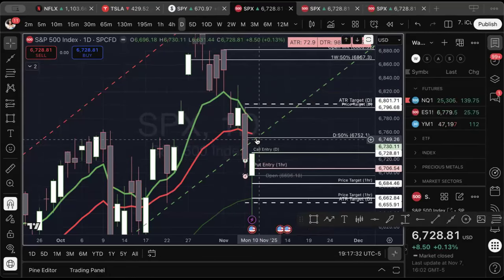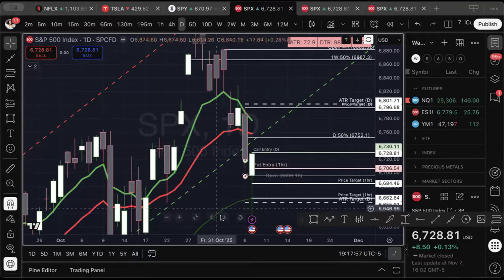Here's the other side of that: it could be a bounce into this fair value gap and then a rejection back down, because this and this almost look like they want to cross. But if we do take this up, we could get back above the 9, which pushes us back bullish. That's a lot, I know, but I tried to say it in the best way that I could.